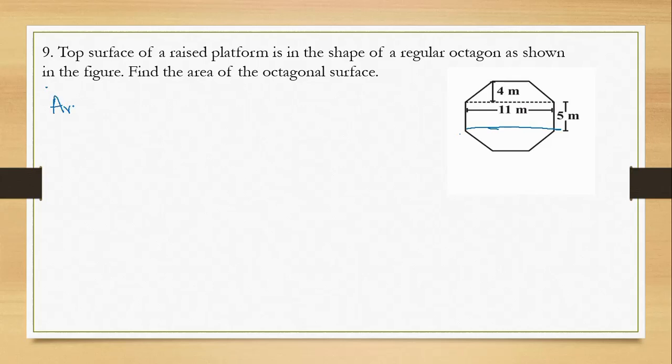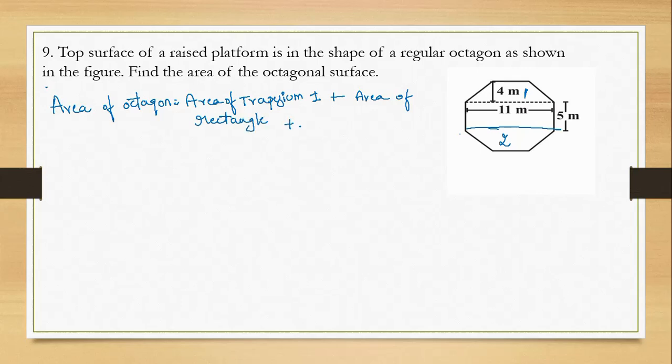So the area of octagon is equal to the area of trapezium 1, this is the area of trapezium 1, this is the second trapezium, plus the area of rectangle, plus the area of trapezium 2.